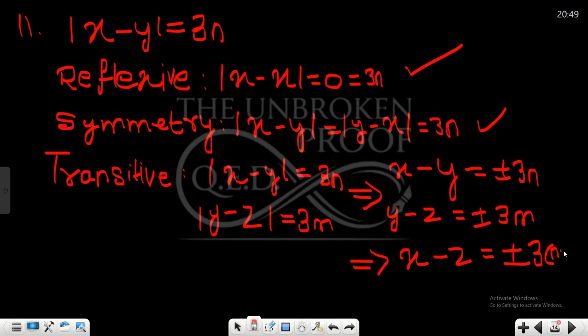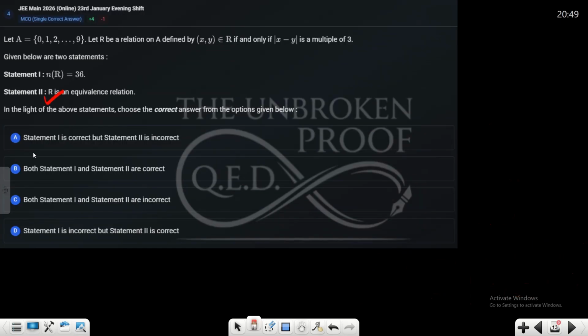Okay, n plus m, and if you take mod on both sides, you will get mod of x minus z is equal to 3 times m plus n, and definitely it also satisfies transitive, so hence statement 2 is correct, which implies option A is wrong and option C is wrong, so we are left with B and D.